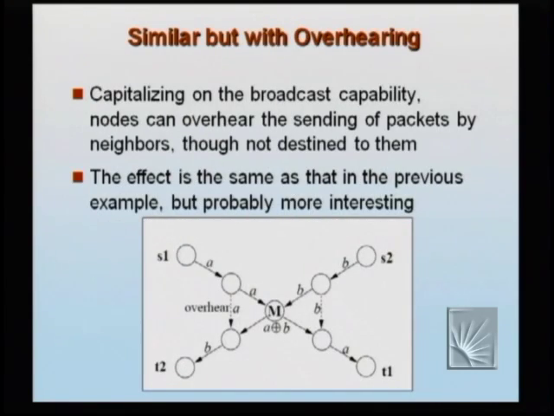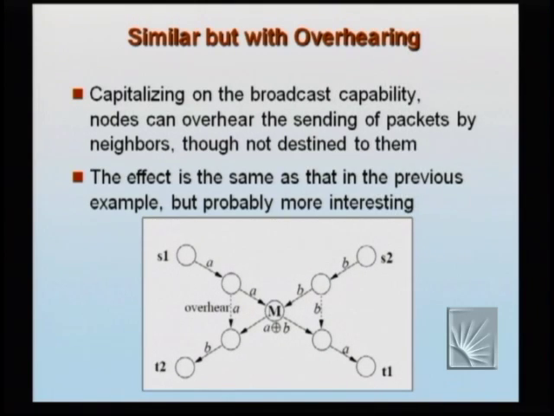Now let's look at a similar but more interesting scenario. In this picture we have something very similar to the previous example, except that we can have overhearing. Overhearing means a node can hear some transmission for other receivers, not for itself. So now S1 in this example wants to send packet A to T1, and S2 wants to send packet B to T2.